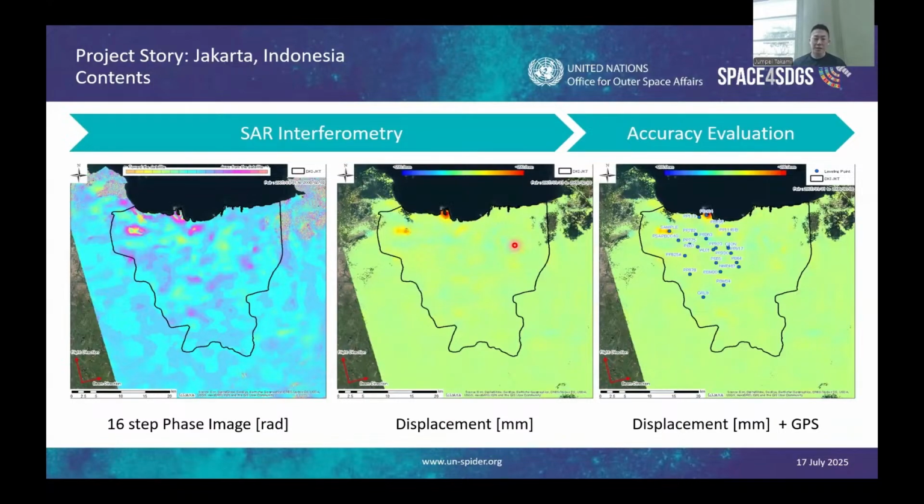So this is the content of the analysis approach, like SAR interferometry and the accuracy evaluation. The 16-step phase images are in radian units, then displacement in millimeters, and then displacement in millimeters plus GPS.